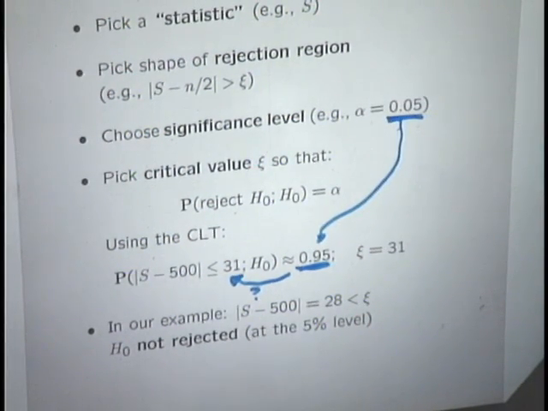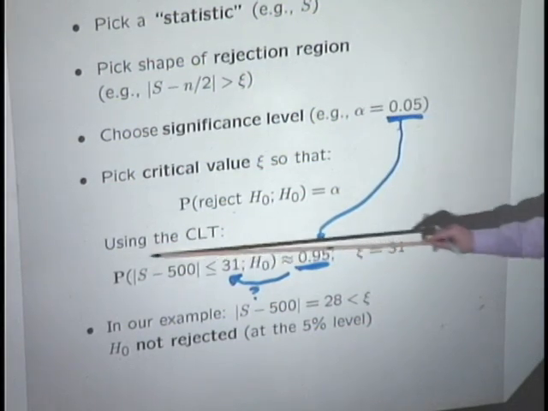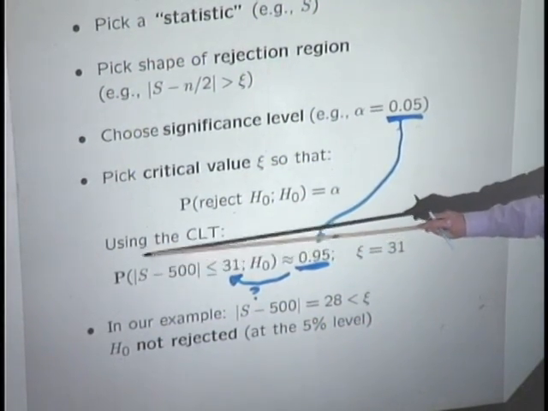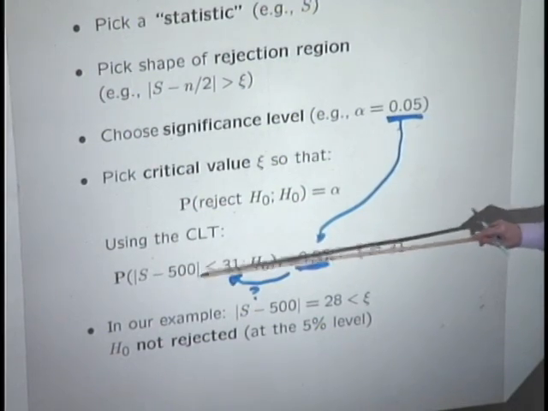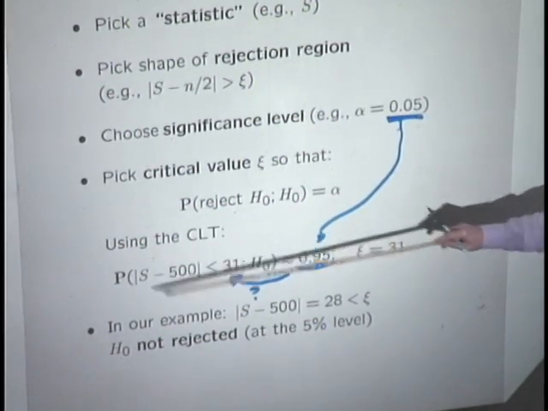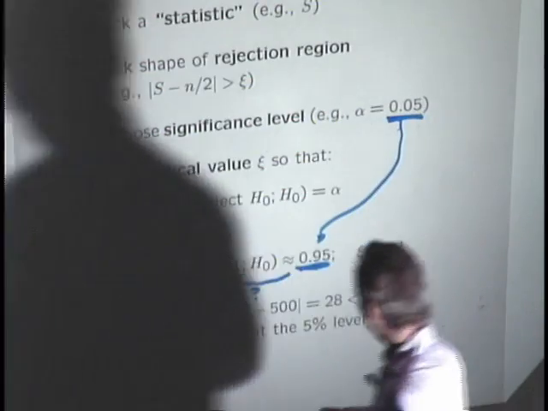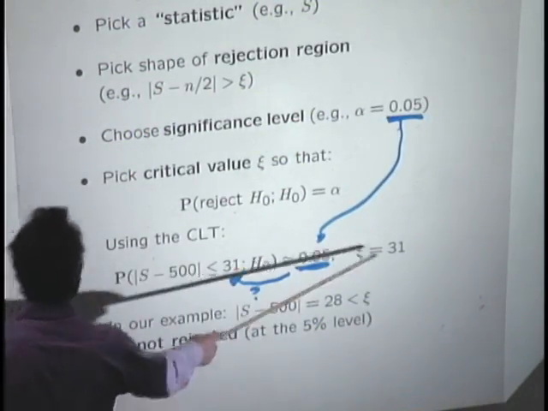You have a quantity whose distribution you know. Why do you know it? The number of heads by the central limit theorem is approximately normal. So this here talks about a normal distribution. You set your alpha to be 5%, and you ask where should I put my threshold so that this probability of being out there is only 5%. Now, in our particular example, the threshold turned out to be 31.